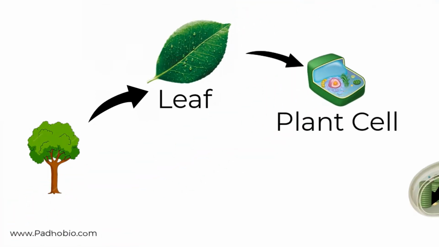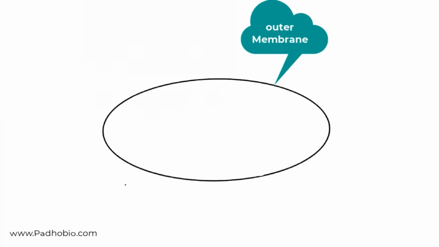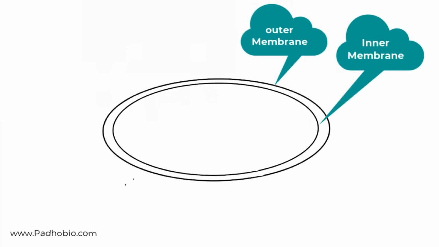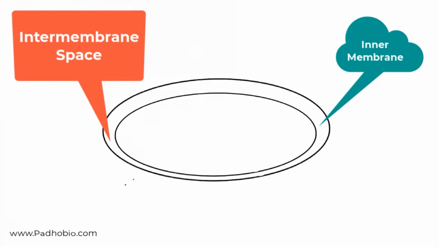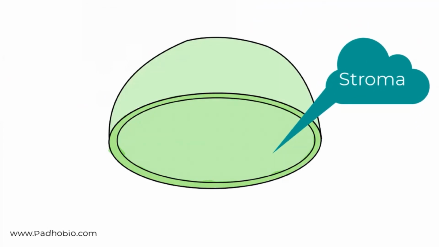Now coming to chloroplast structure, let's discuss some important components which will help us understand the photosynthesis reaction later. It has an outer membrane, an inner membrane, and an intermembrane space in between these two membranes. The inner membrane encloses a ground substance called stroma.